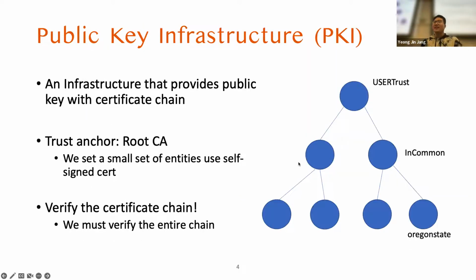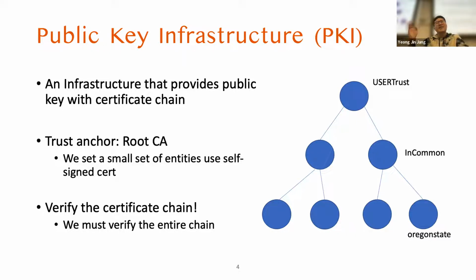How our public key infrastructure is constructed is that there is a leaf node. It could be OregonState.edu, and for my website, unexploitable.systems, it also has a leaf node certificate. That is certified by some other entity, and another entity, up and up. Usually it does not have more than 7 hops or so.